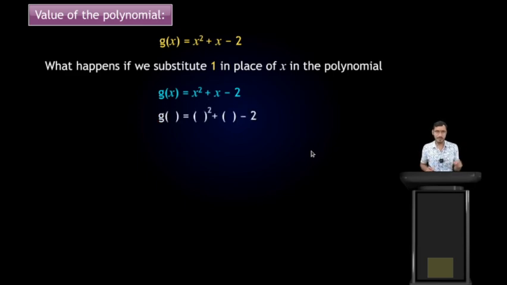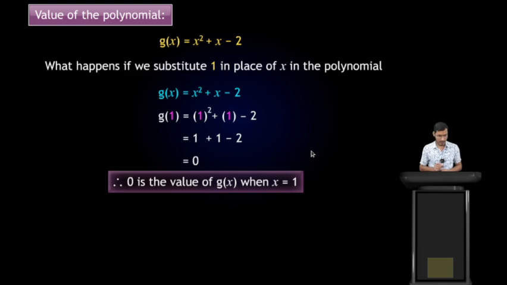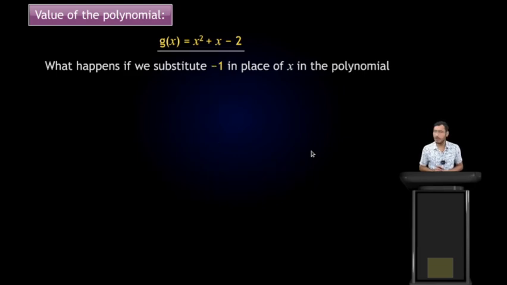Now we substitute x equal to 1: 1 square plus 1 minus 2. So 1 plus 1 is 2, minus 2 is 0. That means g(1) is 0 here, so 0 is the solution.